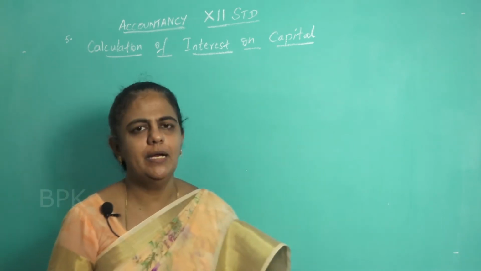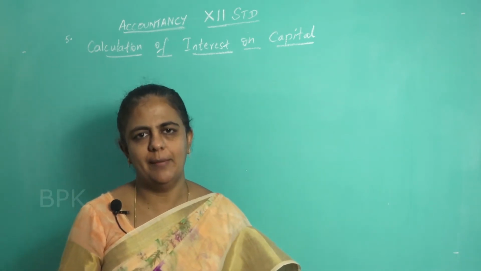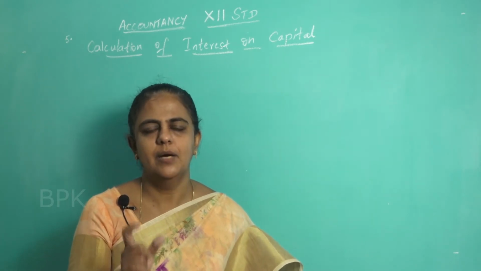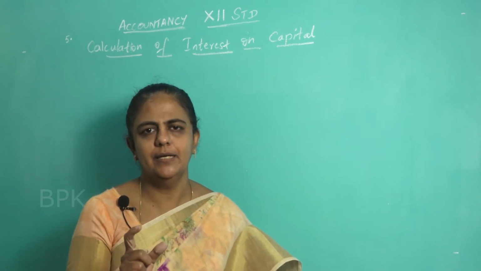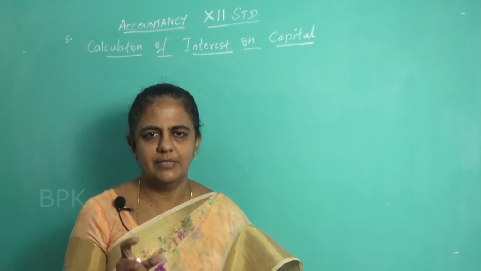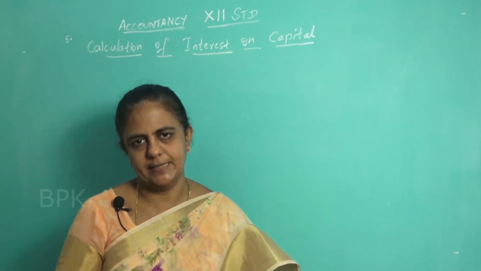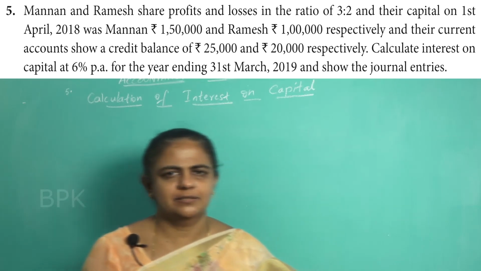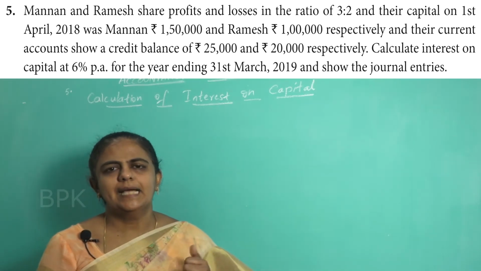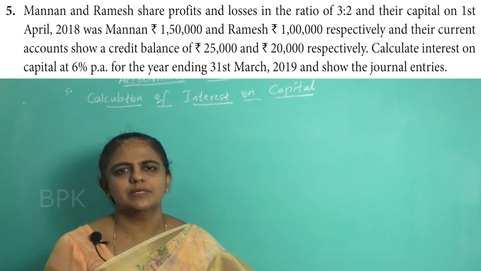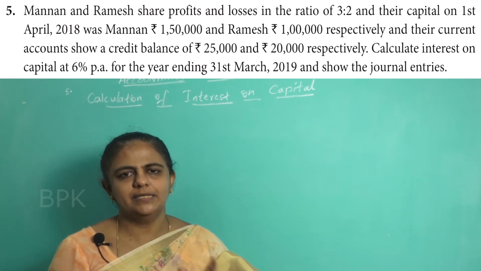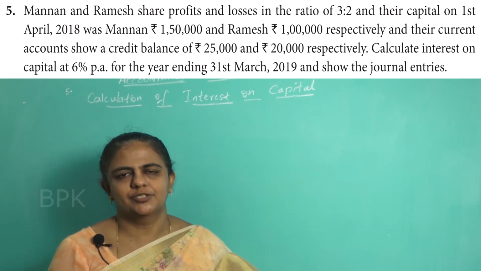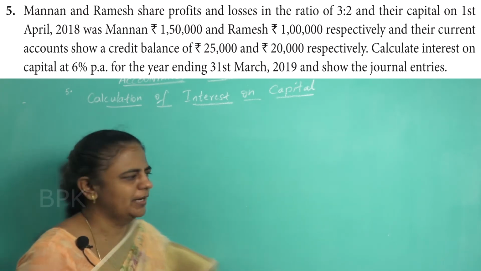The formula for calculating interest on capital is amount of capital, that is the capital he has put inside the business at the beginning of the year, into the rate of interest. Now in this question, what is the rate of interest given? The question says calculate interest on capital at 6% per annum. So for 1 year, they are asking you to calculate at a rate of 6%. First write the formula.